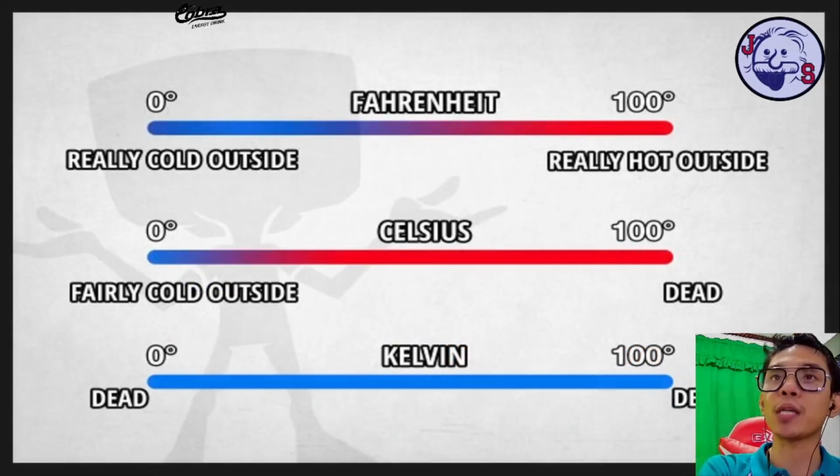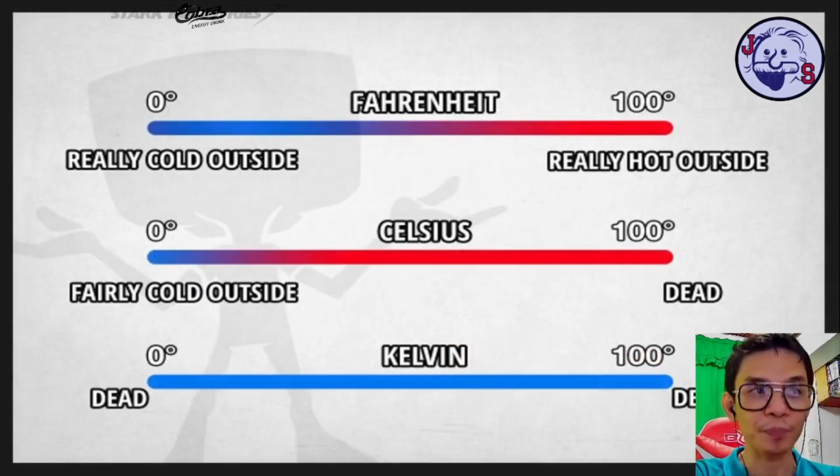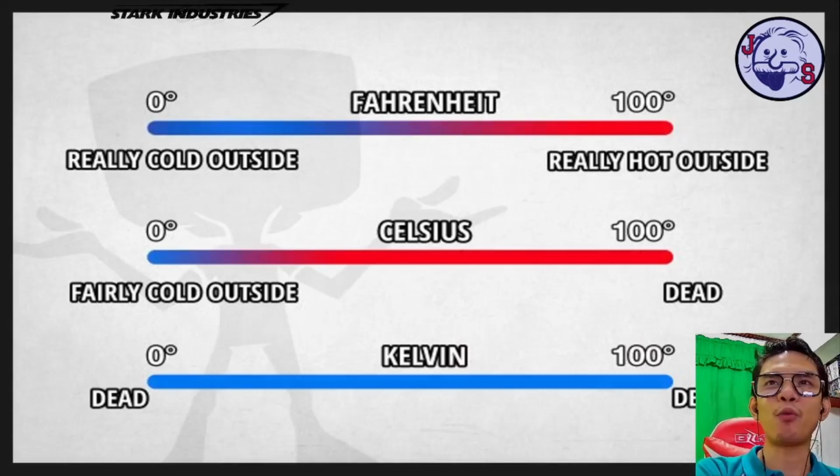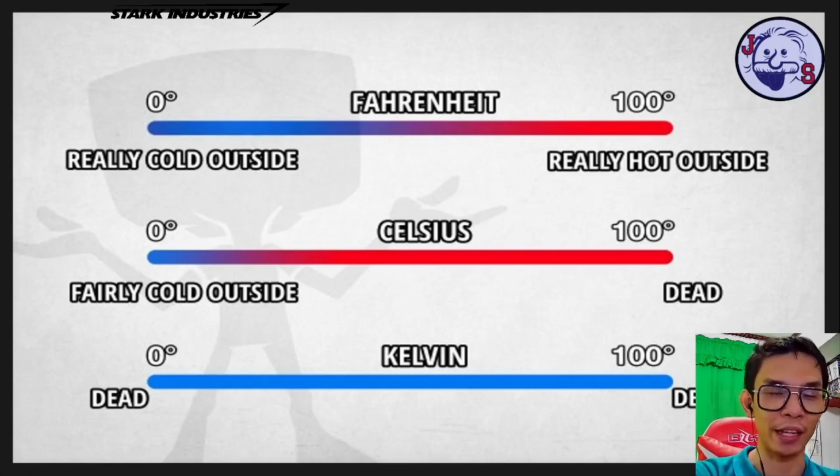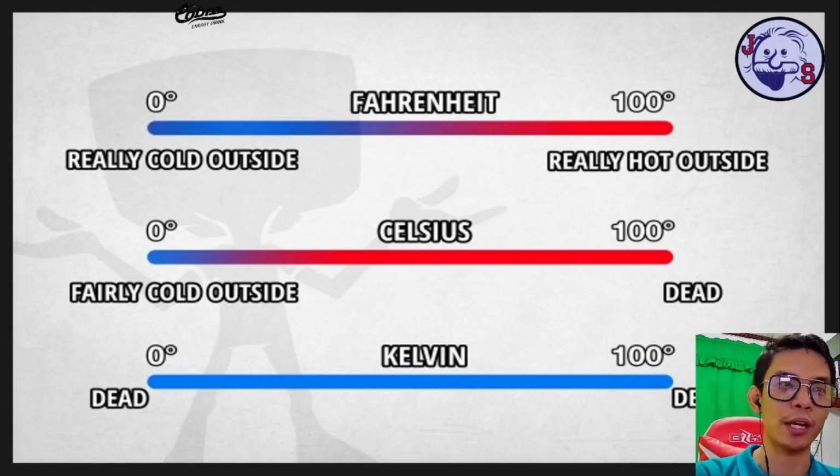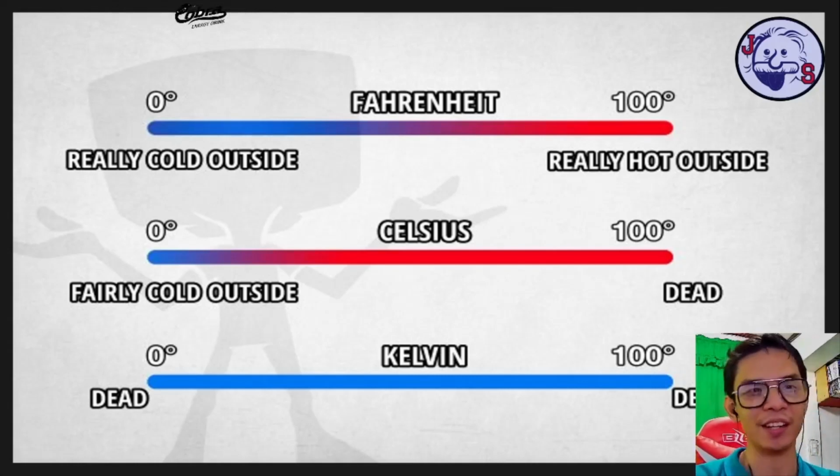Now, these are the things that you should take note of. In a country that uses Fahrenheit, like the United States, they use degrees Fahrenheit rather than degrees Celsius, but most countries on this planet use degrees Celsius, only the US does not.